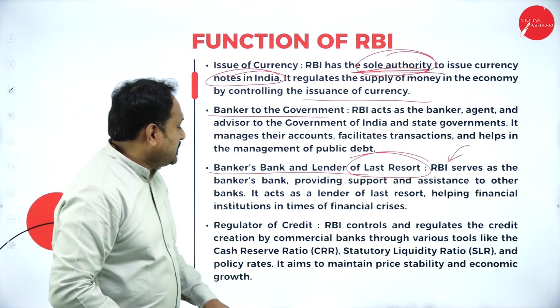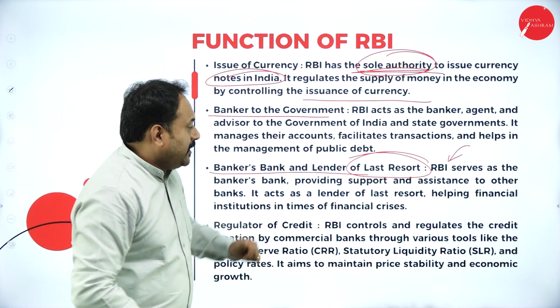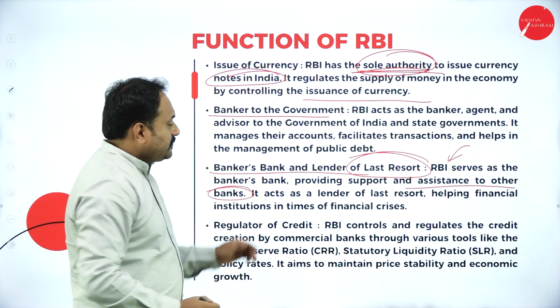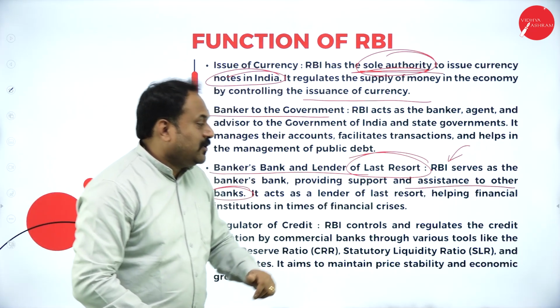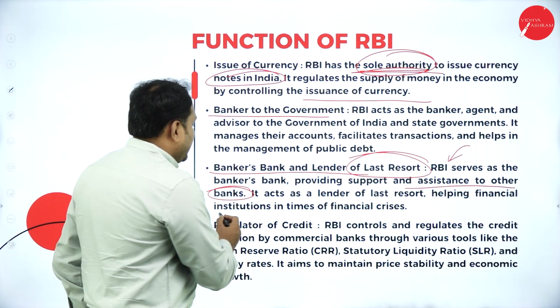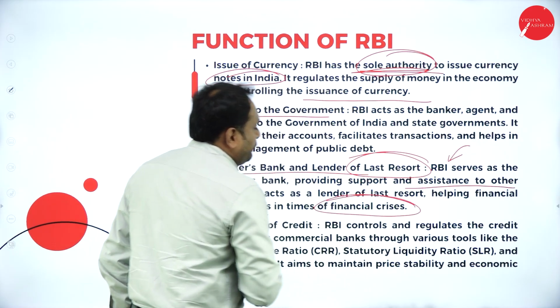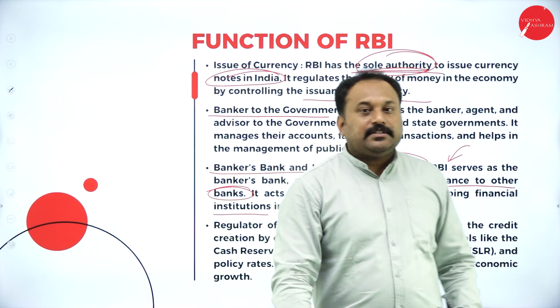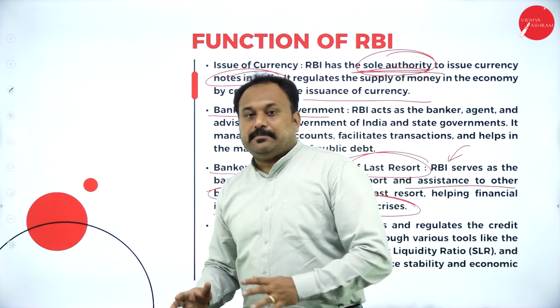So RBI serves as the banker to banks, and it provides support and assistance to other banks. It acts as a lender of last resort, helping financial institutions in times of financial crisis. See, we have three types of emergency: national emergency, state emergency, and financial emergency.